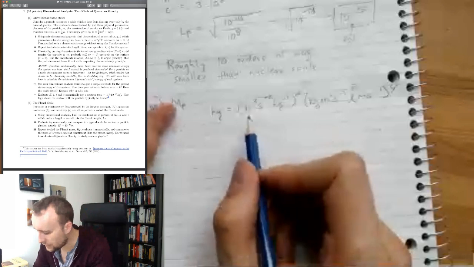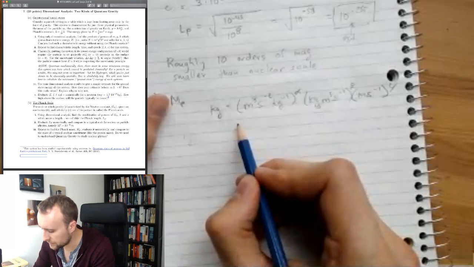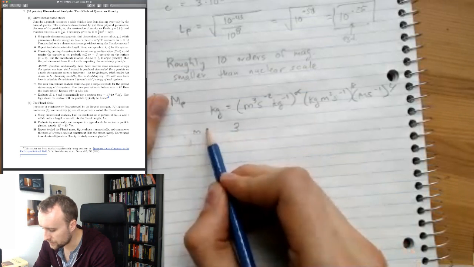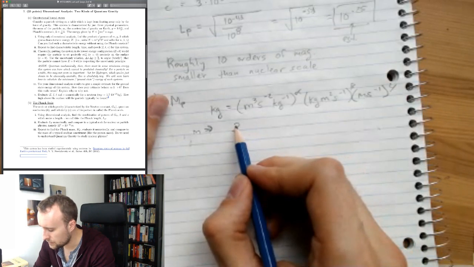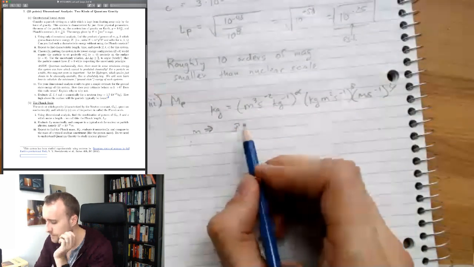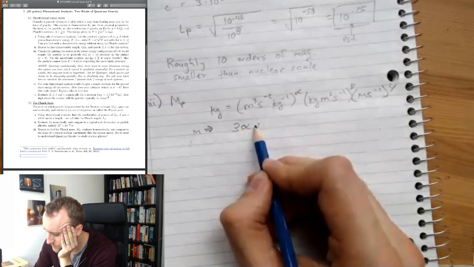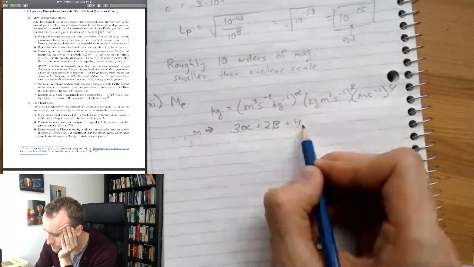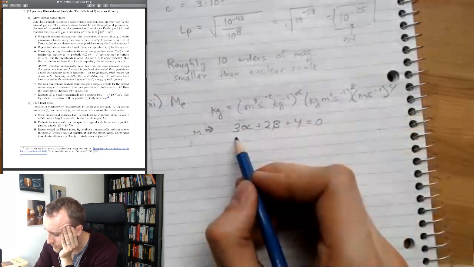So let's try this out again. Let's see if I can double check my last formula, so I should be able to get it right. So let's first start with meters: 3 alpha plus 2 beta, and we don't want meters, so this is 0.